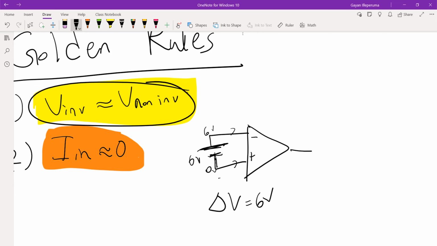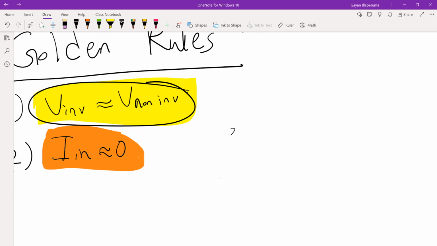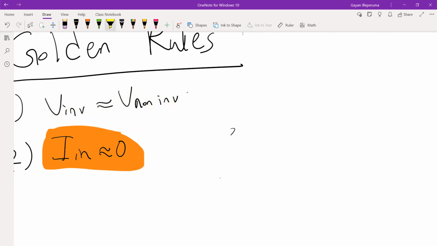The correct way or a better way to say it is, when you have a closed loop op-amp, when you have a closed circuit in op-amp, the output always tries to equalize the inverting and non-inverting inputs. That means, there are several new words in a closed loop arrangement.